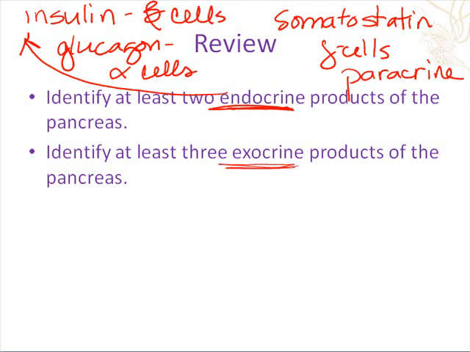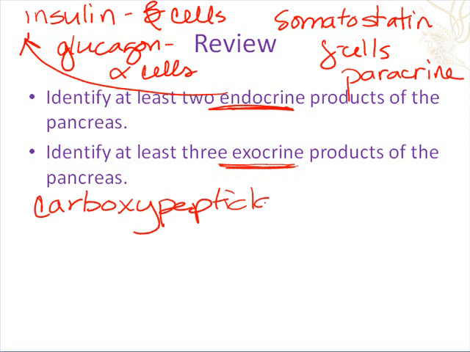Now, what about exocrine products? Well, the pancreas secretes lots of different types of digestive enzymes that are really critical for helping you do the ultimate processing of your food to get it small enough to be absorbed in the body. So I'll throw out a few of them. You've got carboxypeptidase, which is an enzyme that helps degrade amino acids.